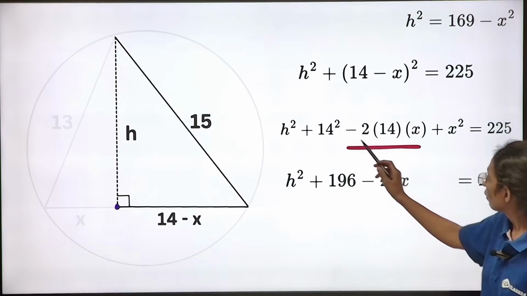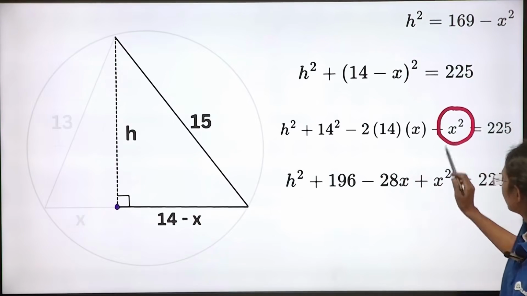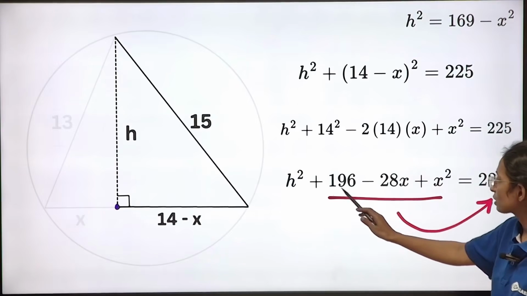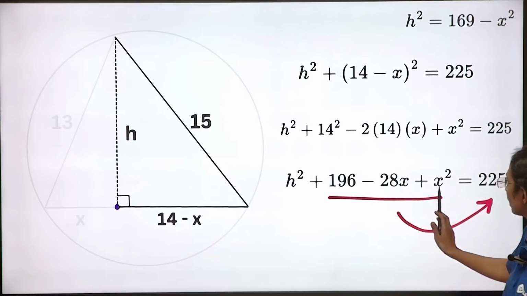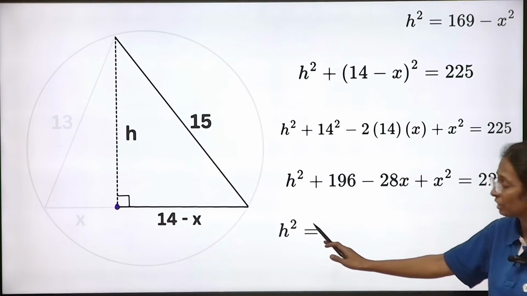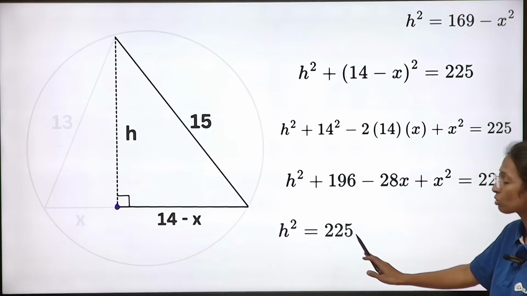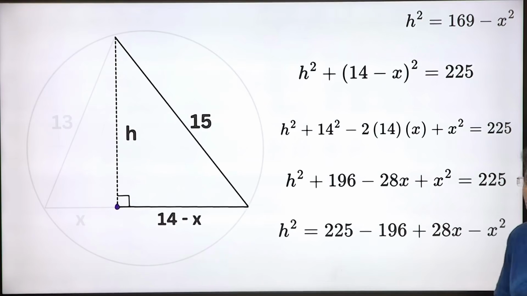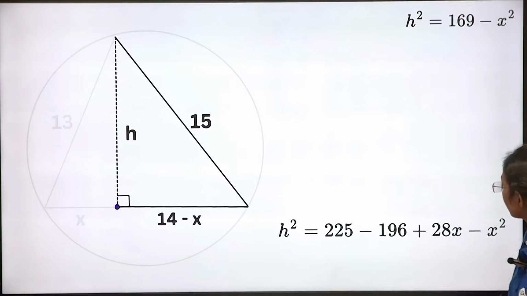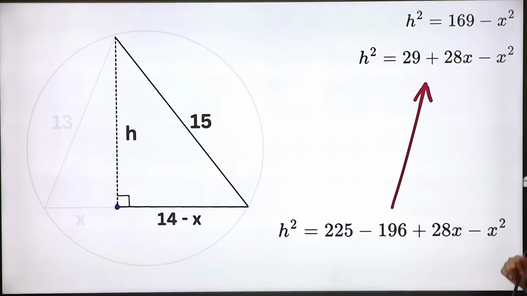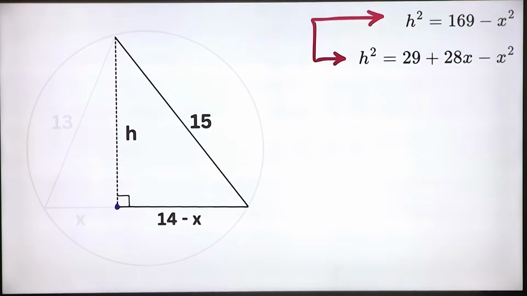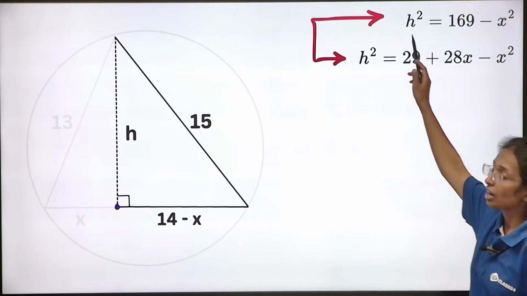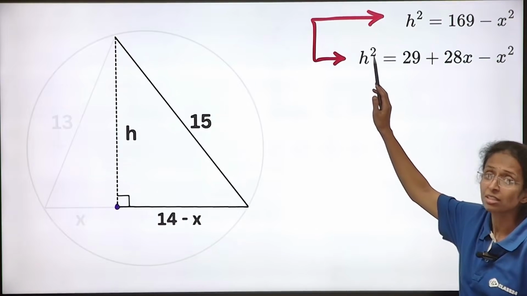Now, multiplying this, we have h square plus 196 minus 28x plus x square. So, getting the value of h square, that is equal to 225 minus 196 plus 28x. This comes to be 29 plus 28x minus x square. Now, both the equations have the same LHS, that is h square.